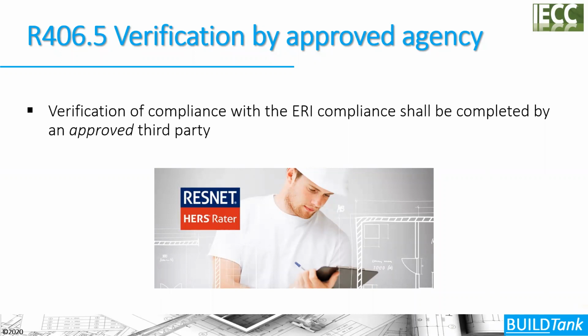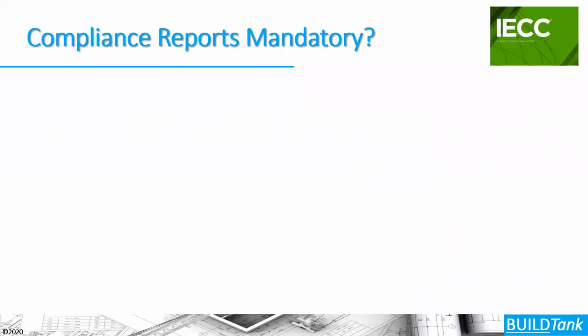The generation of an index score is very different than demonstrating compliance for code. So you want to make sure that you're on the same page. Going back to that talk of potentially creating a scope of work document that clearly defines what you want that third party to be doing in your jurisdiction.